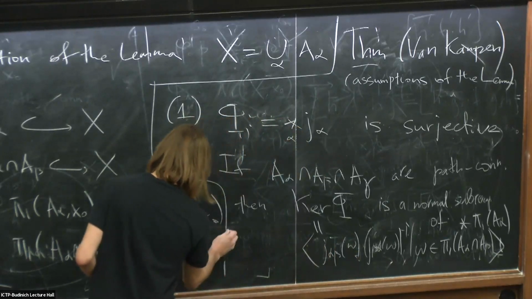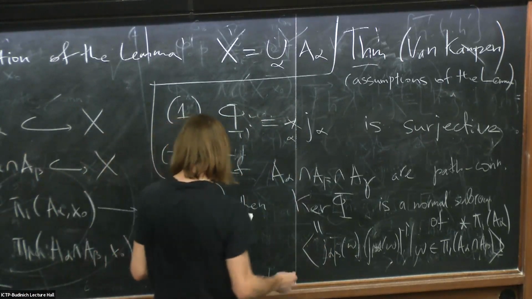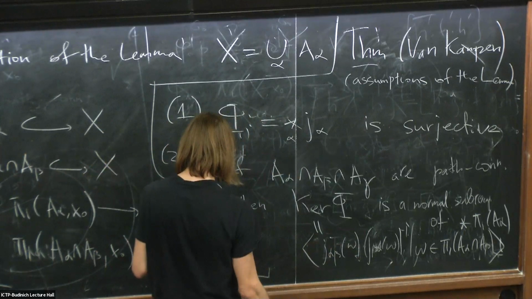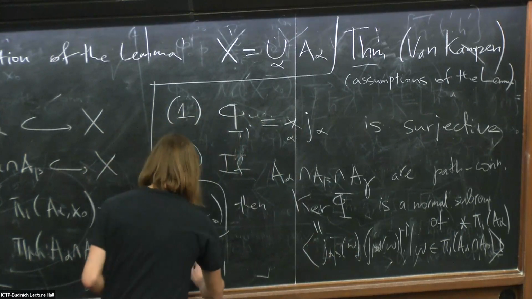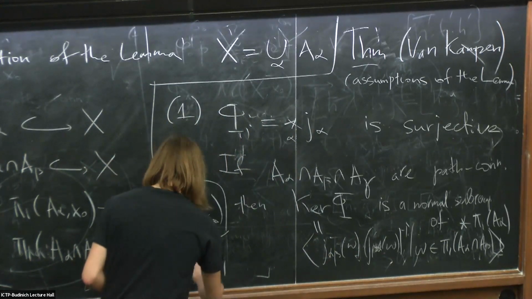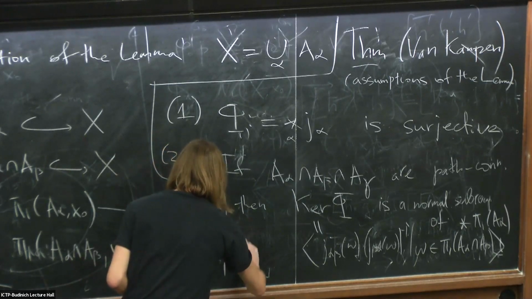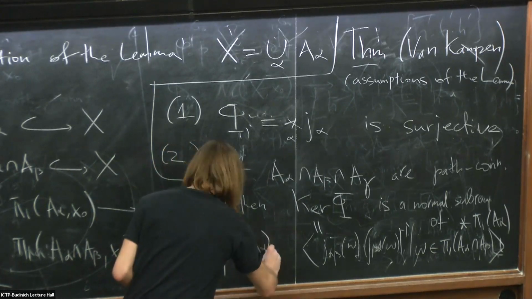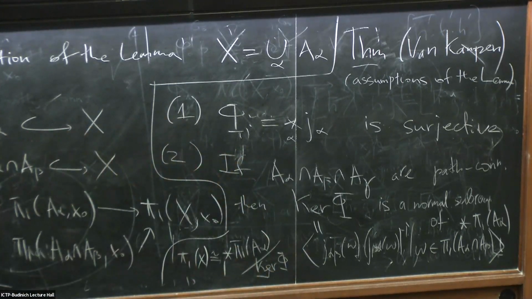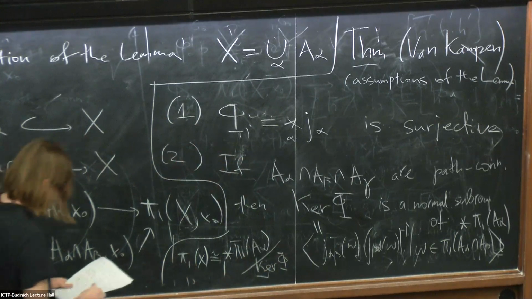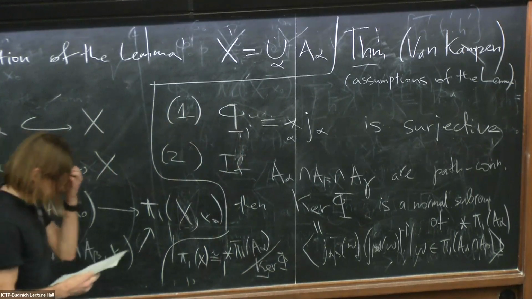And this in particular will imply, since this kernel is a normal subgroup, that pi 1 of X is isomorphic to this free product of pi 1 of A alpha divided by this kernel, just by the main theorem in group theory.